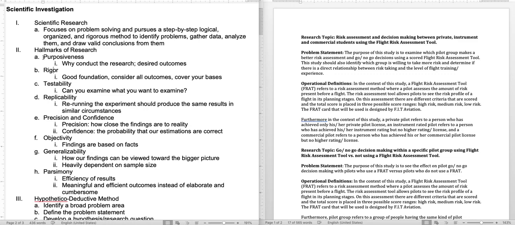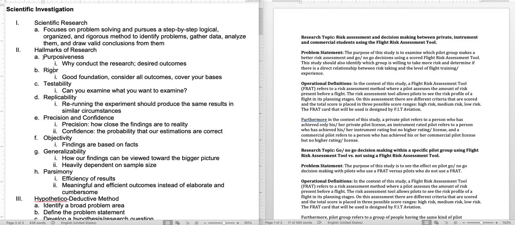Measuring, for example, a variable like level of pilot fatigue with level of pilot happiness. I'm just giving an example. That's so broad and so unclear that how am I supposed to measure that? So that's not really testable, nor is it really purposeful.